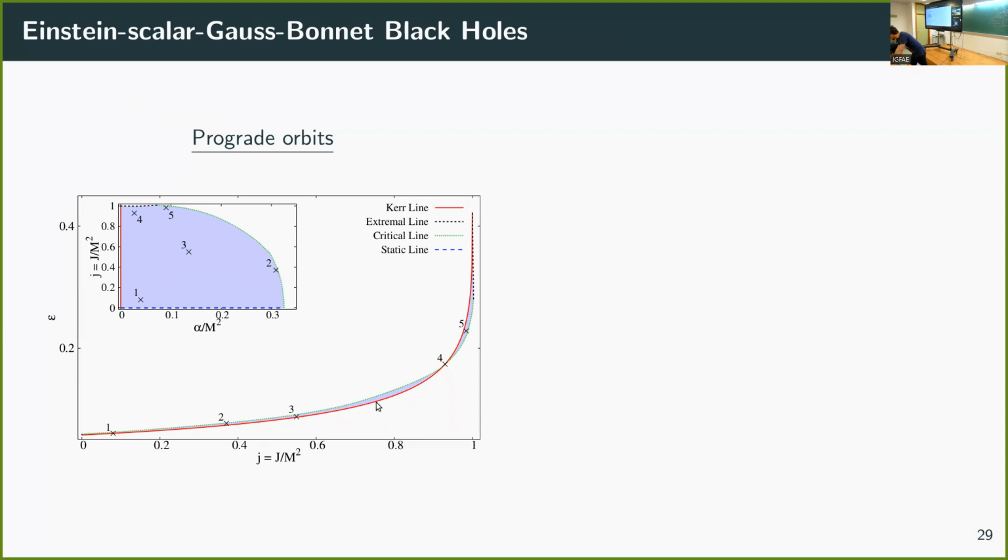We see that if the hairy black hole is not rotating fast enough, so the dimensionless spin is small, then the hairy solution always has more efficiency compared to the Kerr with the same dimensionless spin. However, for fast spinning solutions, the reverse happens. The Kerr solution has more efficiency compared to the hairy solution, and the maximal value is attained at the extremal Kerr case, which is 42%.